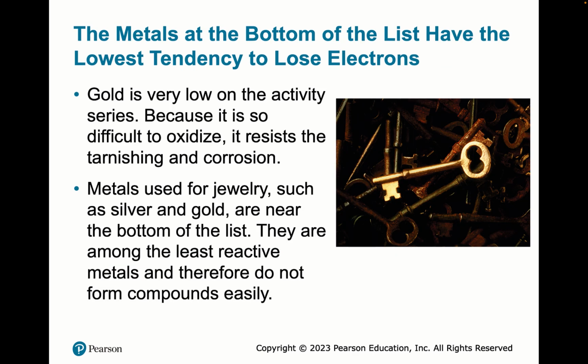I already mentioned gold. The ones at the top tend to lose electrons. The ones on the bottom have the lowest tendency to lose electrons. We use these metals for things that we don't want to corrode, like jewelry. We usually use jewelry as an indication of a gift or a promise, right?